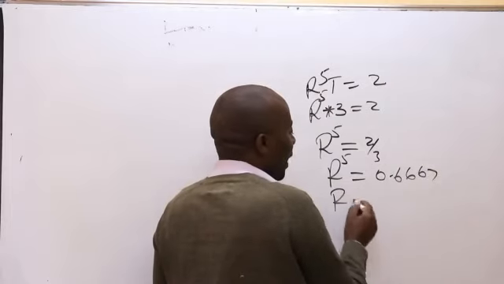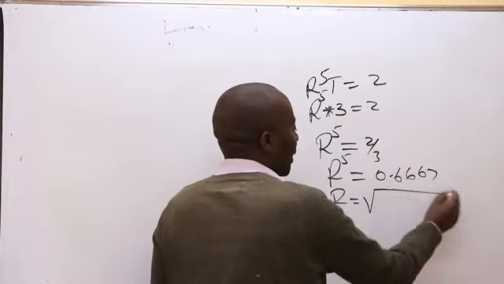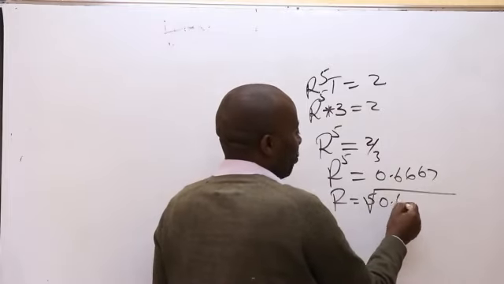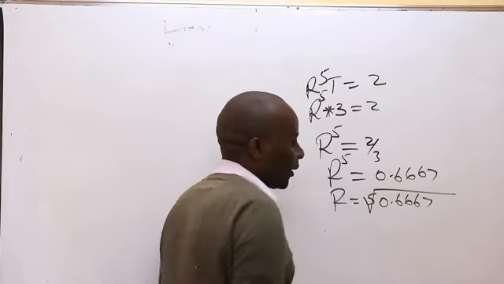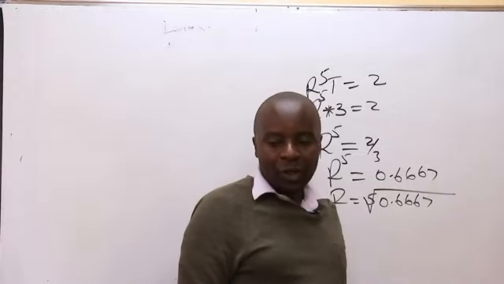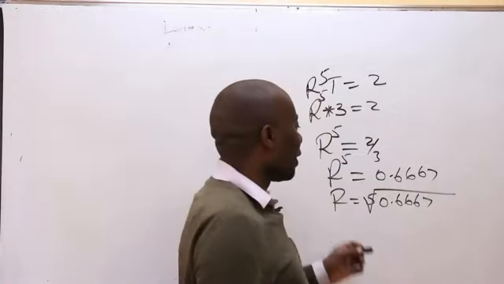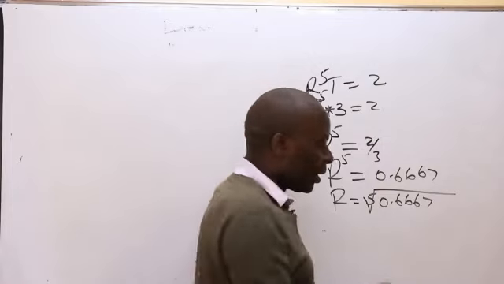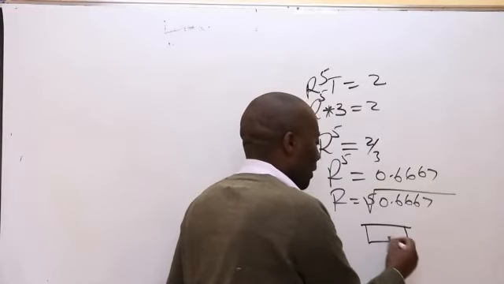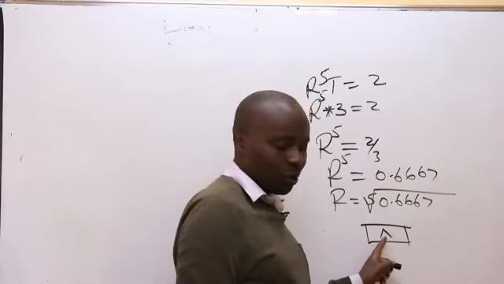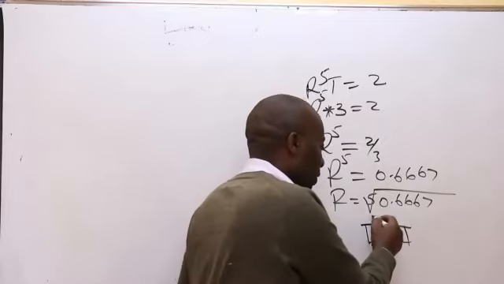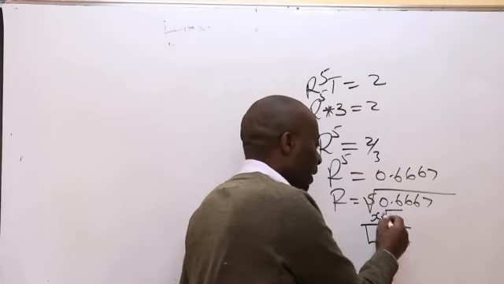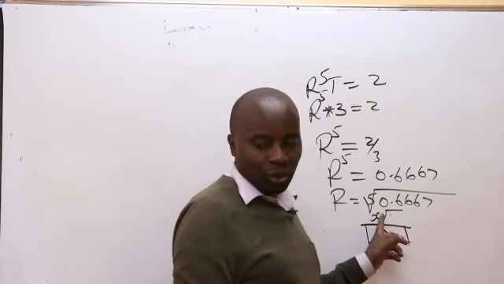And then, of course, R will be the fifth root of 0.6667, like that. Fifth root. So now in your calculator, you need to look for the fifth root. There is a button, ladies and gentlemen, on your calculator which has got this raised to, and on top of it, you'll be able to see some character written in yellow, X root.